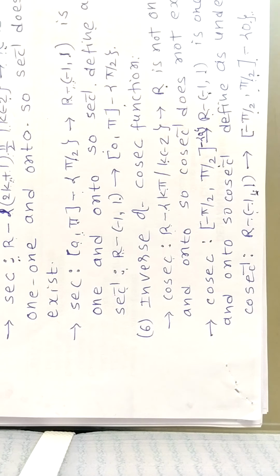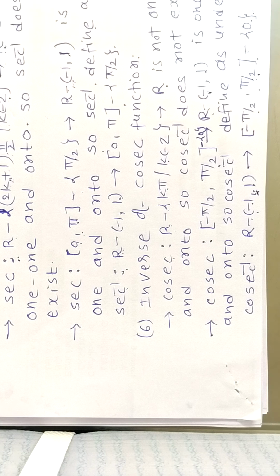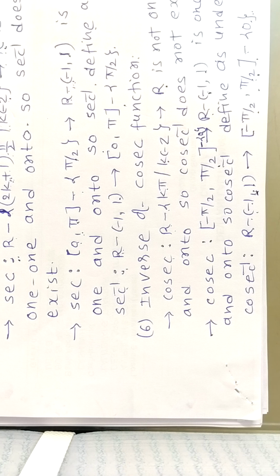All trigonometric functions sin, cos, tan, cot, sec and cosec are not 1-1 on their defined domains, but their domains are restricted, and we can get the inverse of all trigonometric functions. So domains and range of inverse trigonometric functions is shown in this table.